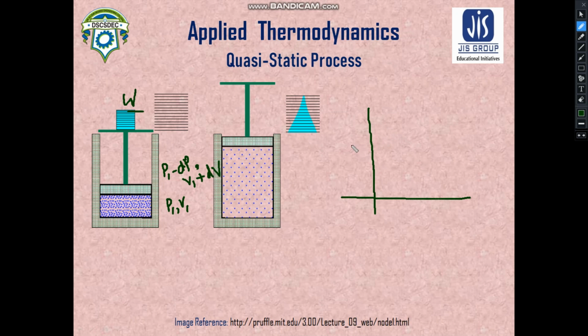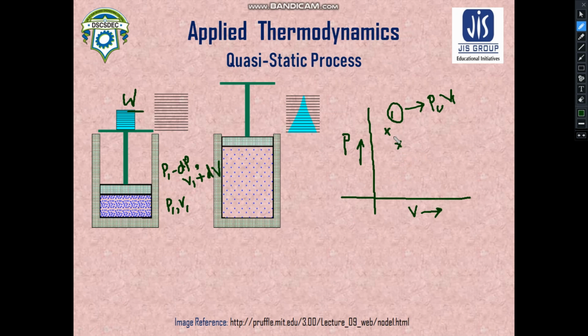So let us plot these states in the thermodynamic diagram, in the PV diagram. So let us plot this one. This one refers to the state number 1, which gives us the data of pressure P1 and volume V1. And similarly let us plot the second one, which refers to the pressure P1 minus dP and the volume V1 plus dV.